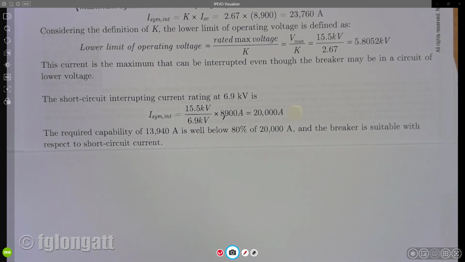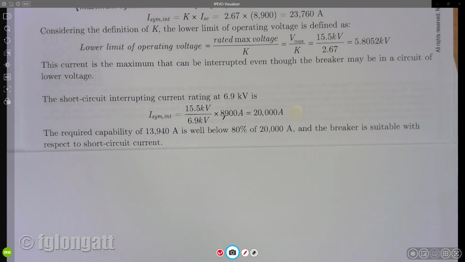And if you remember, when we calculated the short circuit, the maximum short circuit level was 13.9 kiloamps. That means that we are well below 20 kiloamps, and this breaker can be used for this specific application.